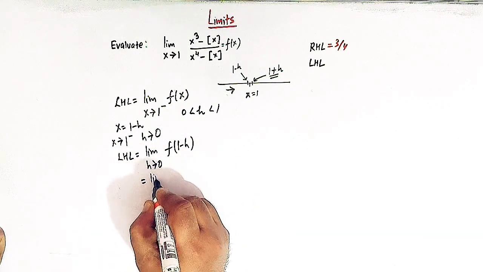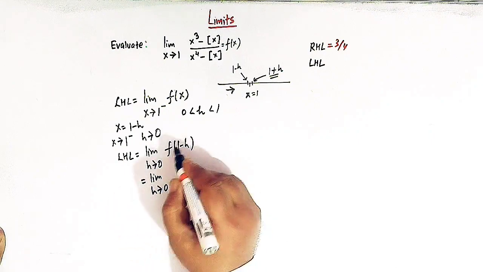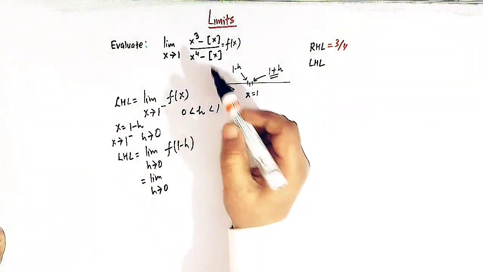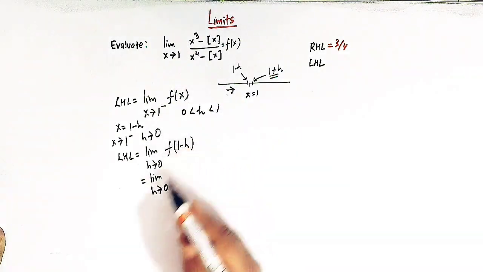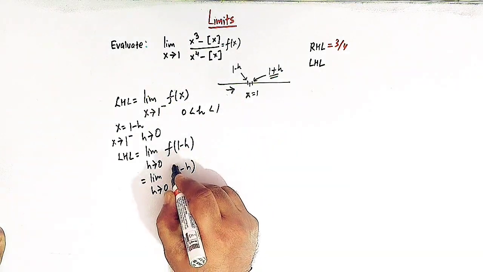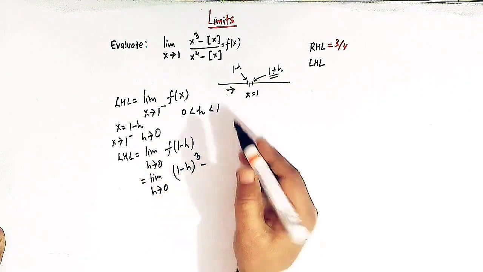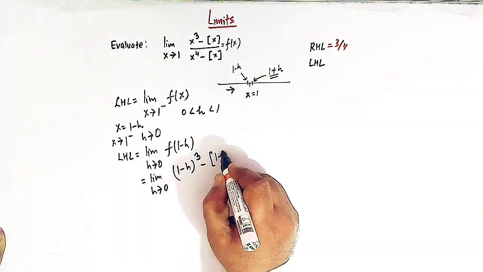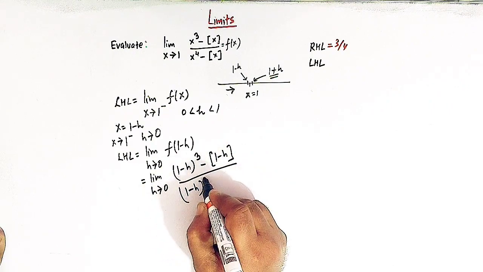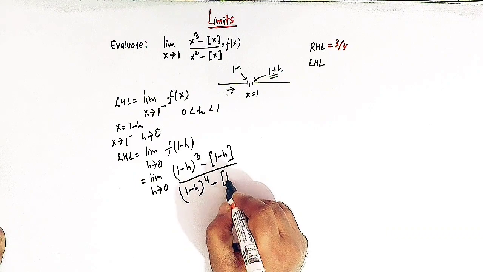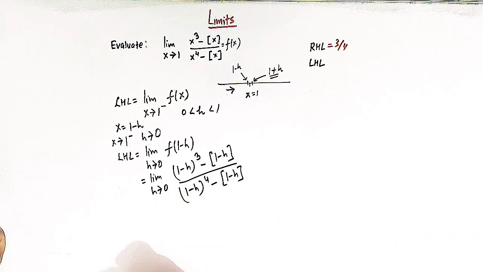Okay, so now we'll find the value of f of 1 minus h by replacing x by 1 minus h. So we have (1 minus h) cube, then we have here the greatest integer of 1 minus h, then we have (1 minus h) raised to 4 minus the greatest integer of 1 minus h, right?